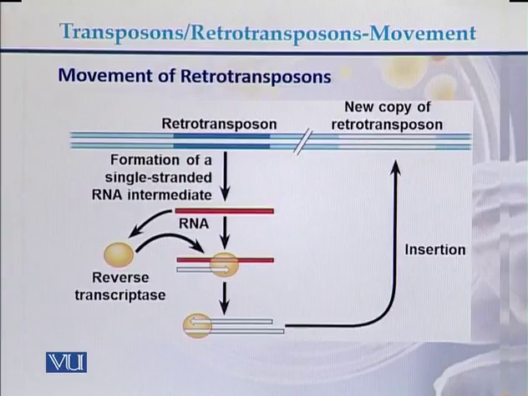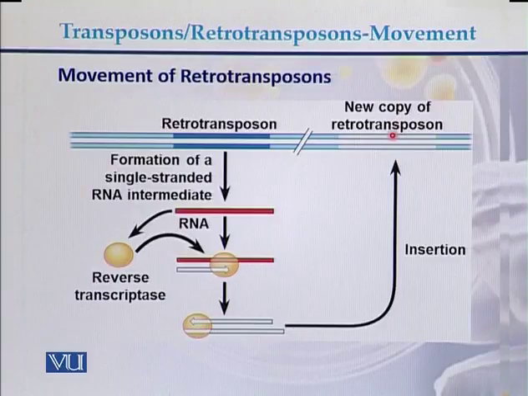While on the other hand, movement of retrotransposons. If there is a retrotransposon on the genome, this DNA is first converted into RNA, and then with the help of reverse transcriptase, RNA is converted into DNA, and then this DNA is integrated or inserted into another location of the genome, then it is called a retrotransposon.